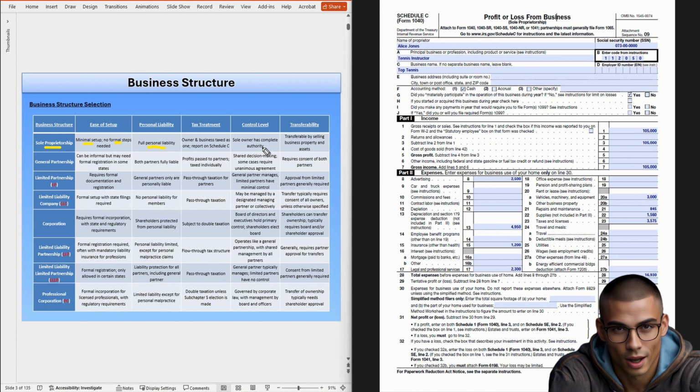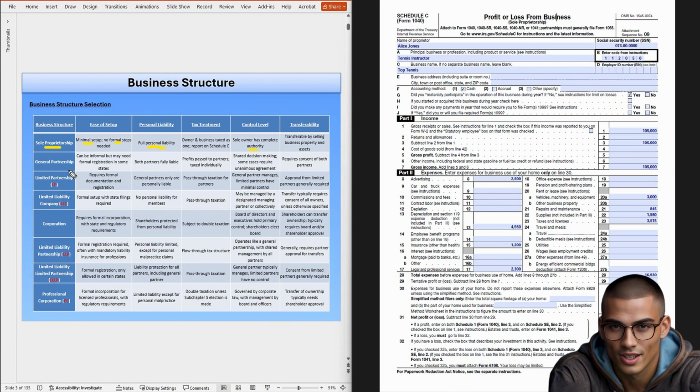All right? So that means that any personal assets that Alice has are available to pay the debts of this business. So if Top Tennis goes out and buys a bunch of tennis rackets and never pays for them, then the creditor can come and take money from Alice's personal assets to pay off the business debts.